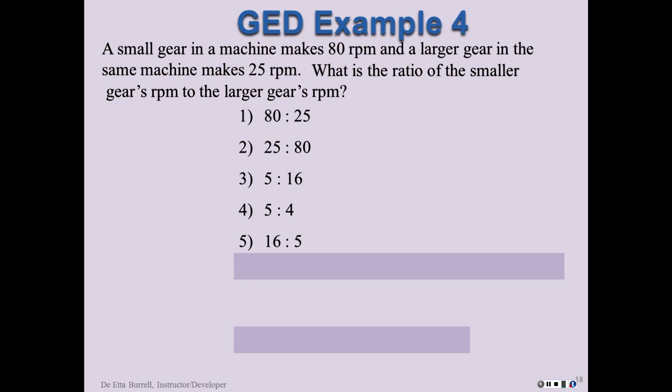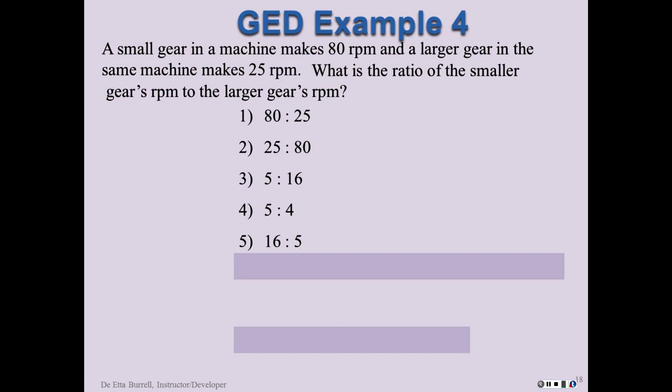Okay, what's the right answer? A small gear in a machine makes 80 revolutions per minute, and a larger gear in the machine makes 25 revolutions per minute. What is the ratio of the smaller gear to the larger gear?